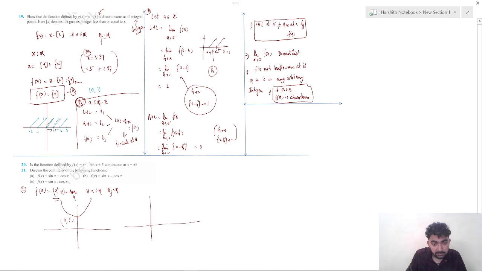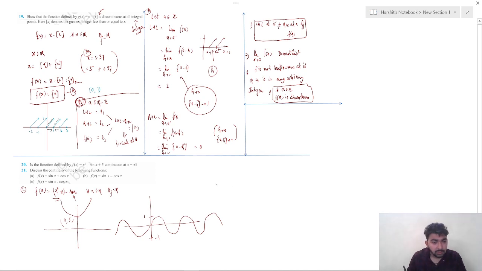The sin x graph is like that. Like that we can draw the sin x graph. It is also continuous for all x belongs to R, although its values are in between minus 1 and 1. So their addition and subtraction are also continuous for all x belongs to R.